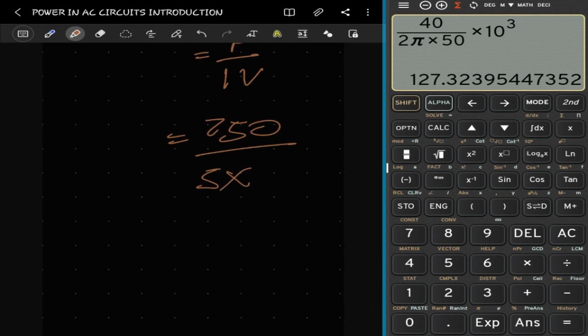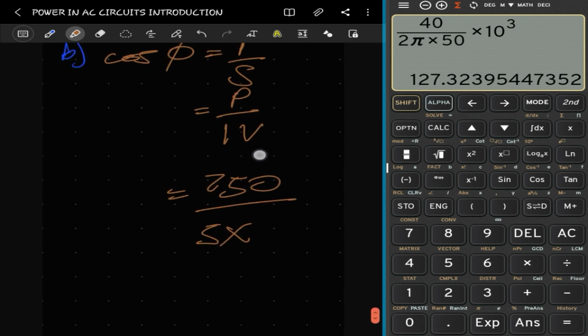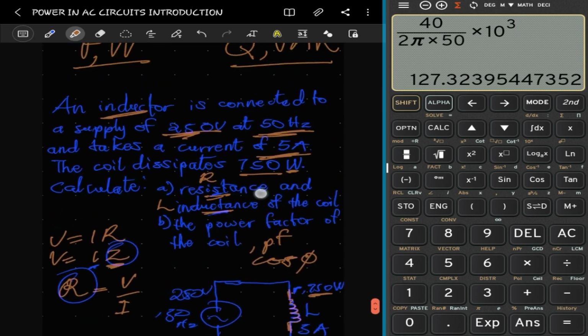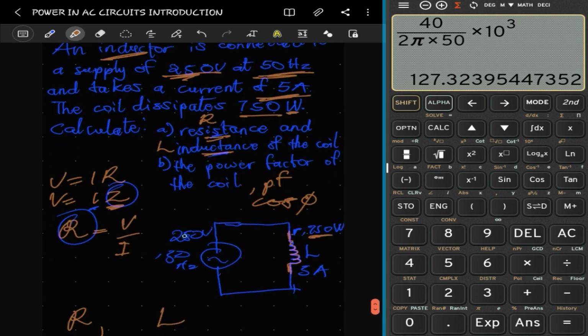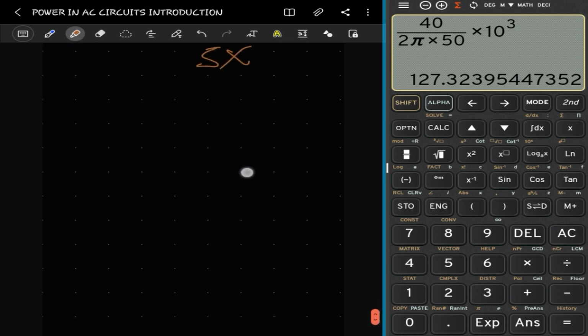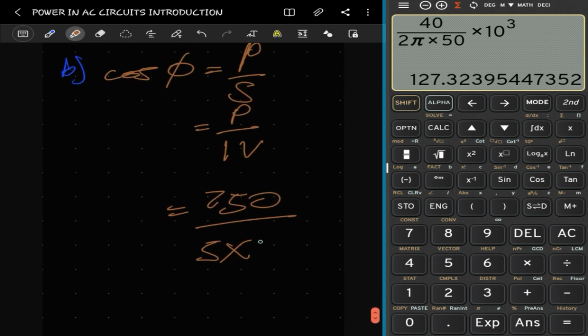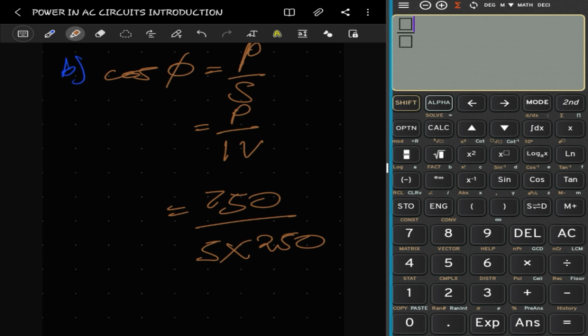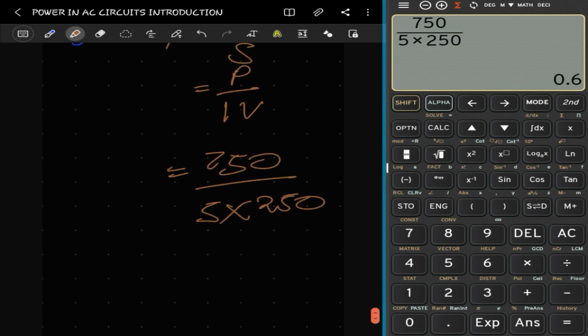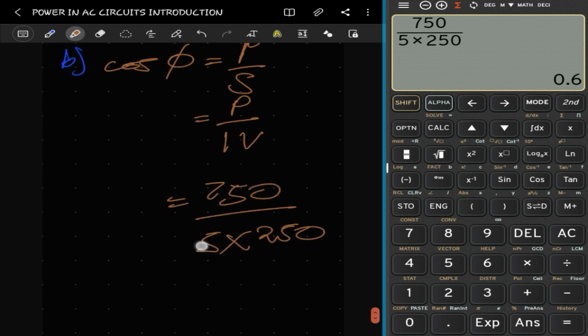And then B, we're given like 250. Let's confirm. Yeah, 250. Okay, 250. So we have 750. We have 5 times 250, and that gives us 0.6. A power factor of 0.6.